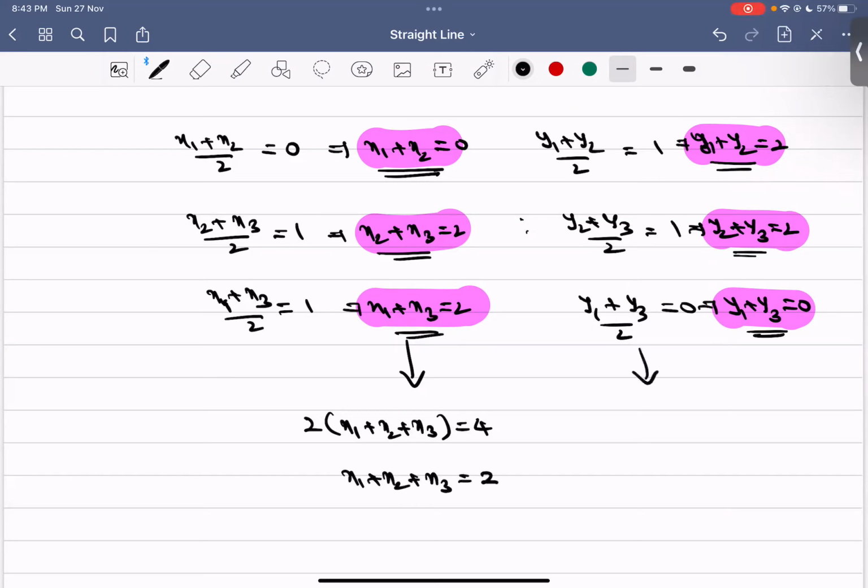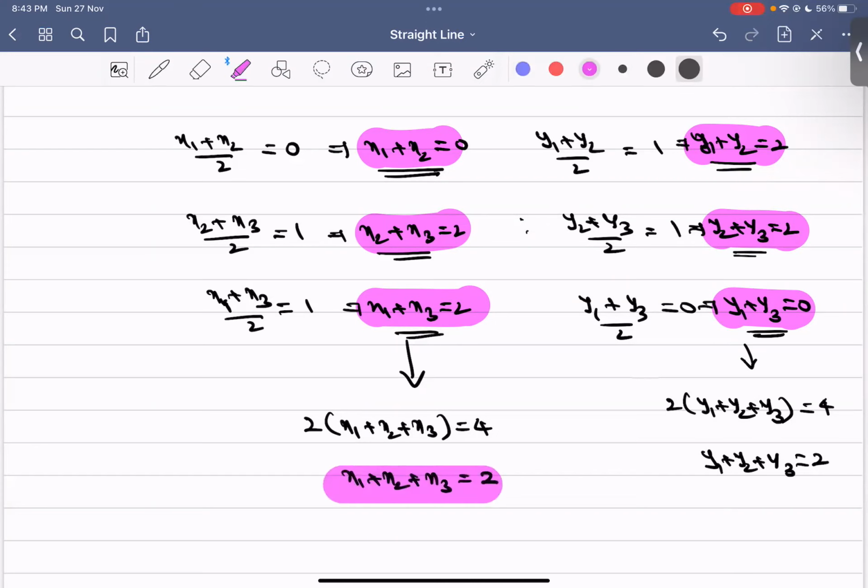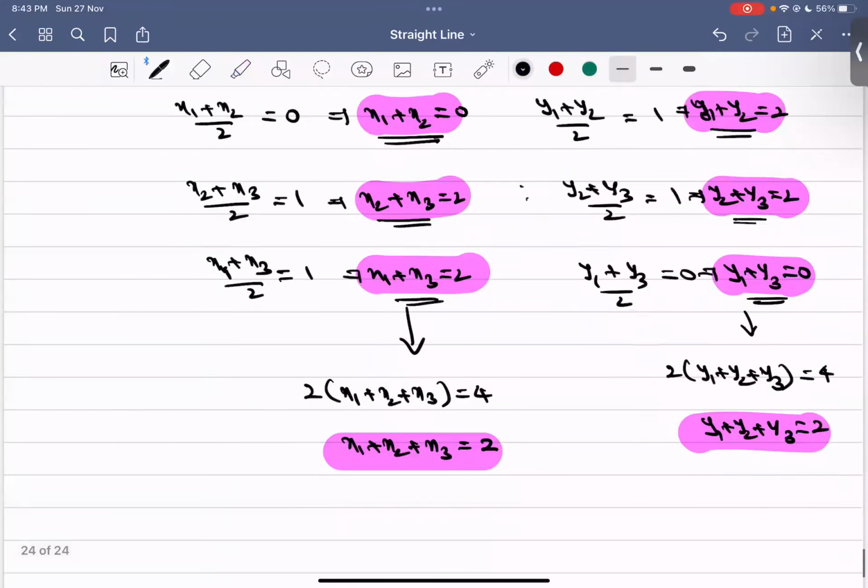Here also you add these 3 equations. Then you get 2 times (y1 plus y2 plus y3) is equal to again 4. So y1 plus y2 plus y3 is equal to 2. Now we need to find x1, y1, x2, y2, x3, y3.